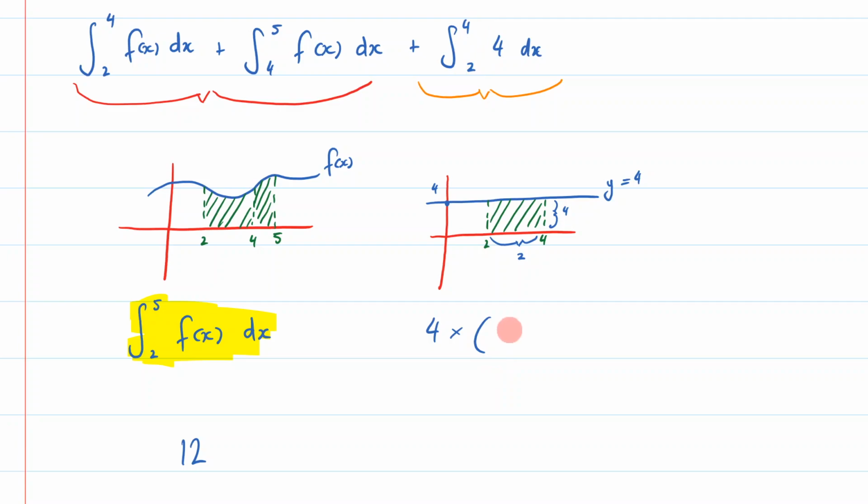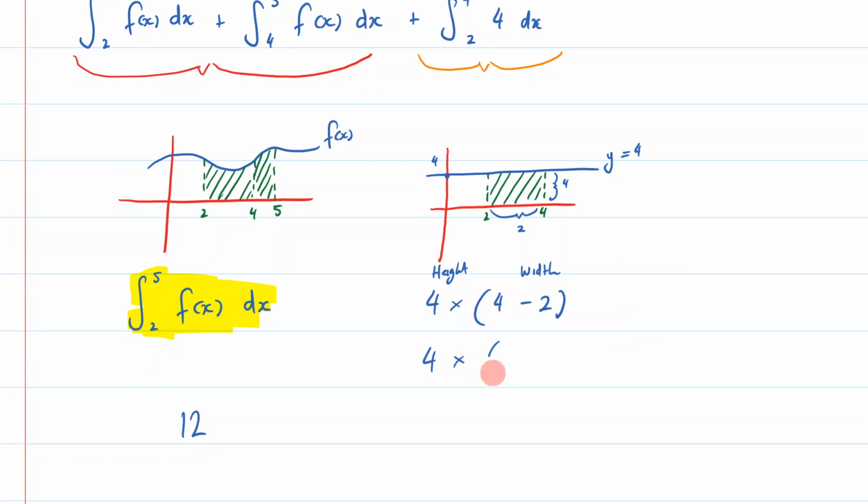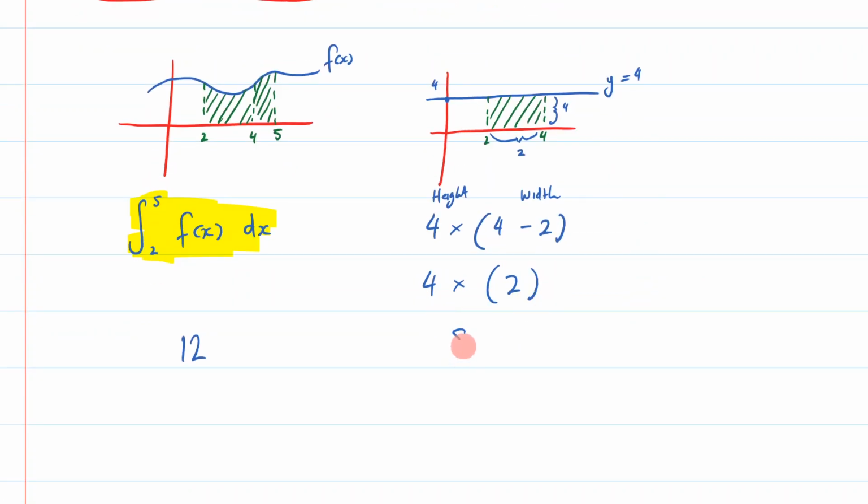That's going to give me my width, 4 minus 2. So just to repeat, this is giving me my height. This is giving me my width. This is going to be 4 times 4 minus 2, which is 2. 4 times 2 is 8. So the area under this thing is 8 units squared.